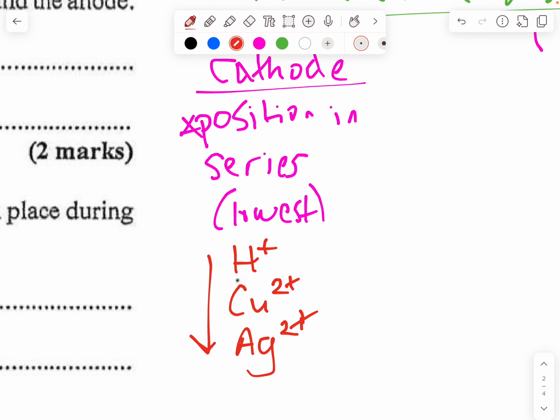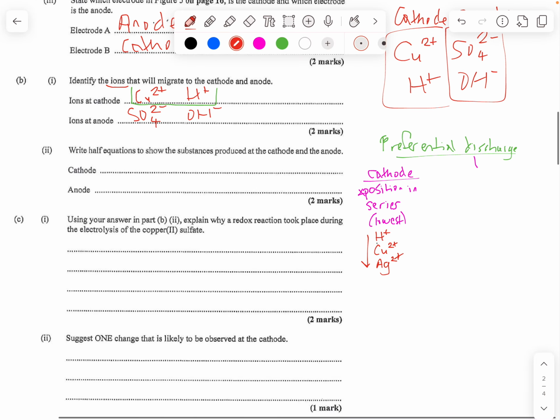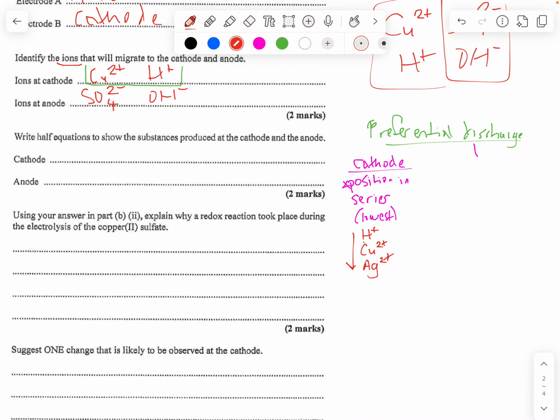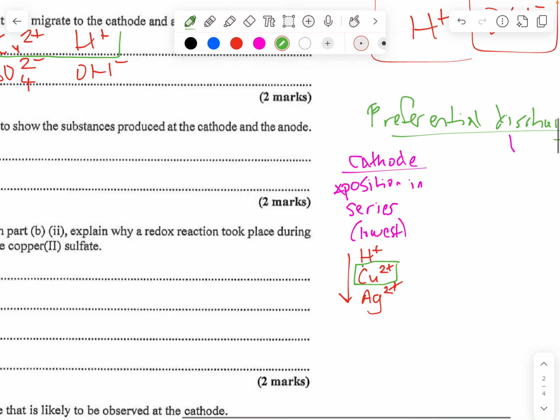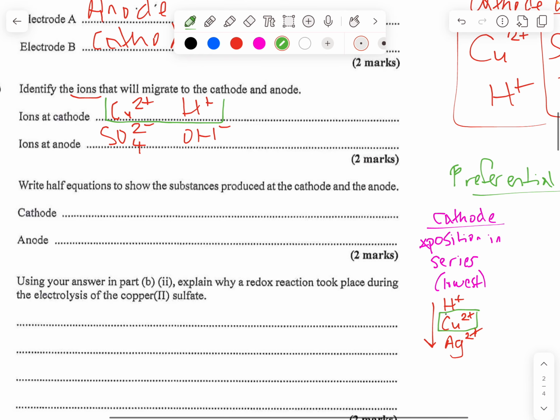So in this case, since the 2 ions that we're considering, we have copper and hydrogen, right? Now, the one that is lower is, of course, copper. So this is the equation that we're going to write for at the cathode, right? Because copper is lower in the series than hydrogen.